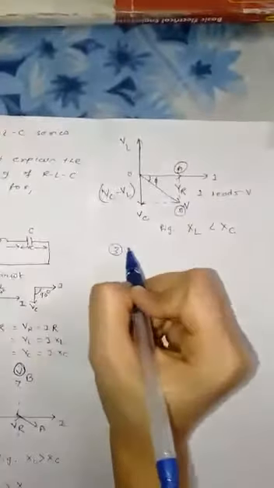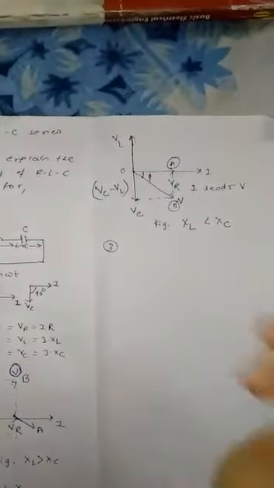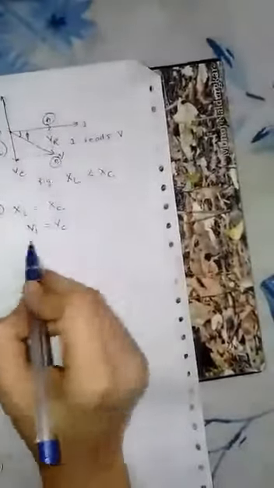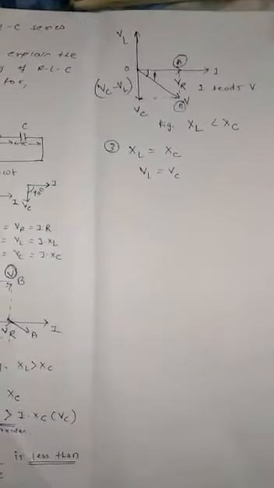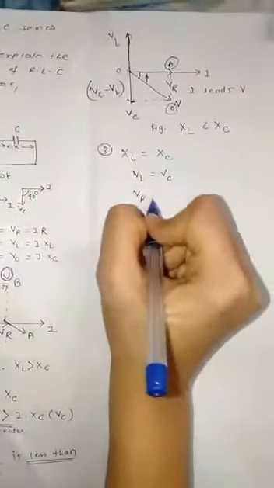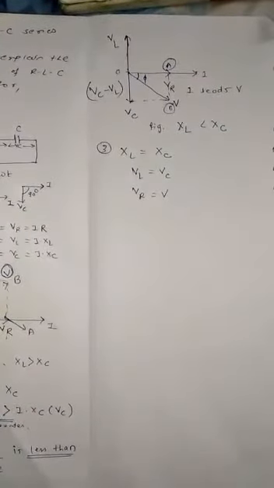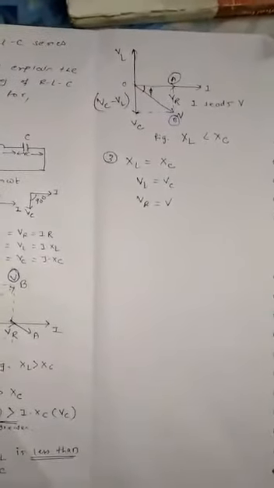Now the third condition: XL is equal to XC. When XL is equal to XC, obviously VL is equal to VC. So VL and VC cancel each other and their resultant is 0. Thus VR is equal to V. In such a case, the overall circuit is purely resistive in nature.